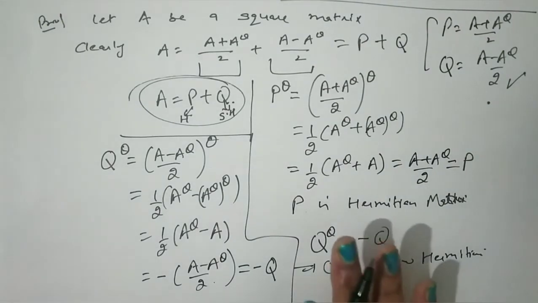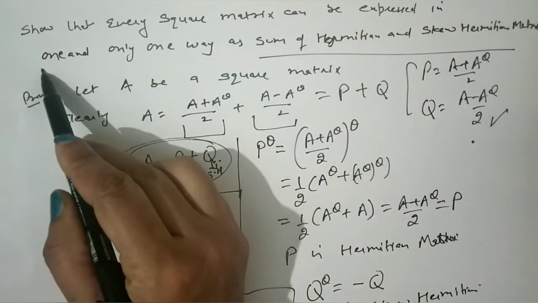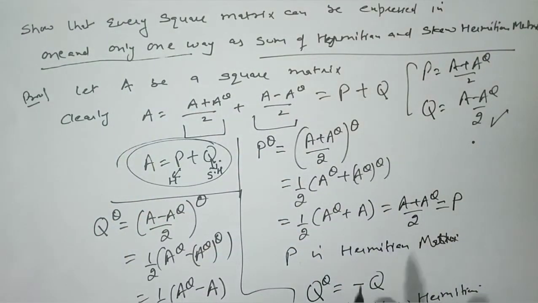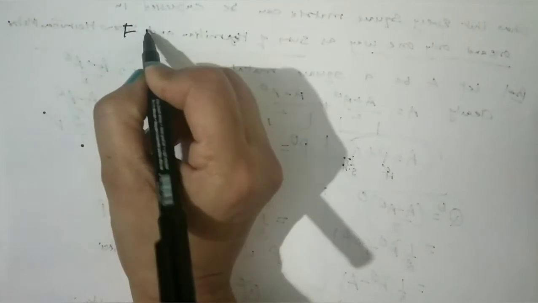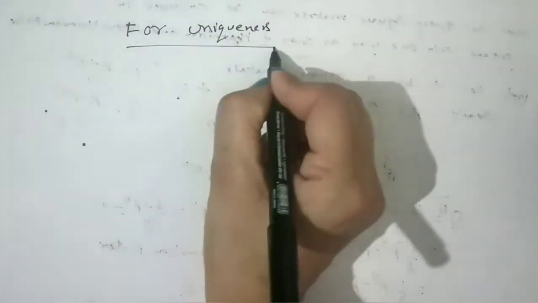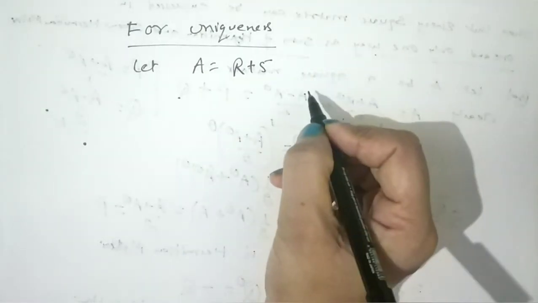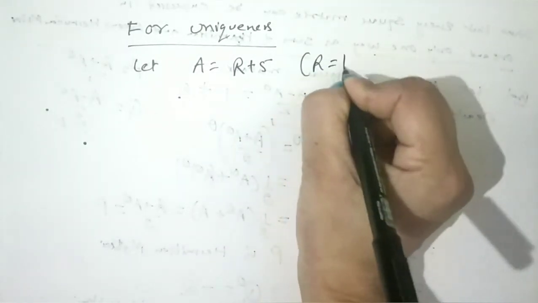Now the next part in the same theorem is that there is only one way of expressing this. That means this expression is unique. To prove this, let us write it for uniqueness. Let A be equal to the sum of some other matrices R plus S, where R is Hermitian and S is skew Hermitian.